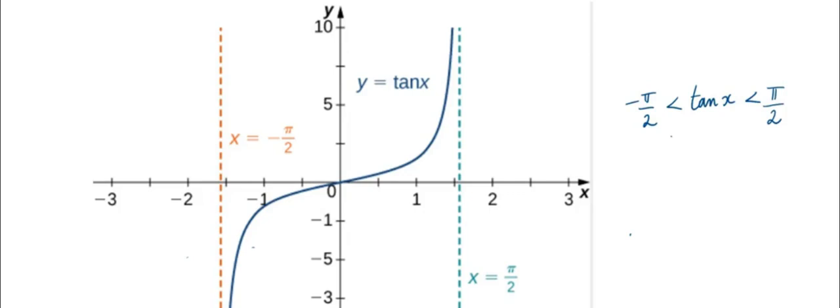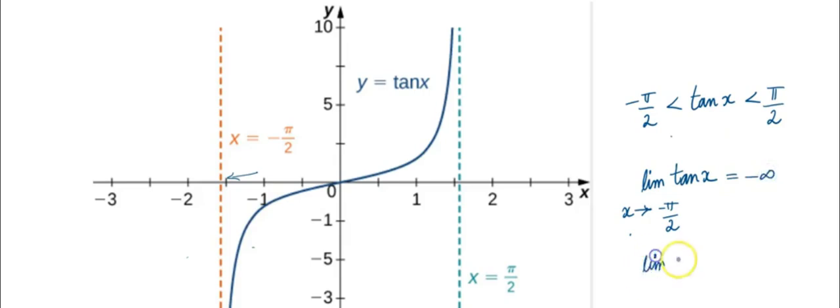So what that means then is the limit of tangent x as x approaches negative pi over 2, when your x value gets closer and closer to this value, what happens to your tangent function? This is on the left, right? So the blue function actually goes towards negative infinity.